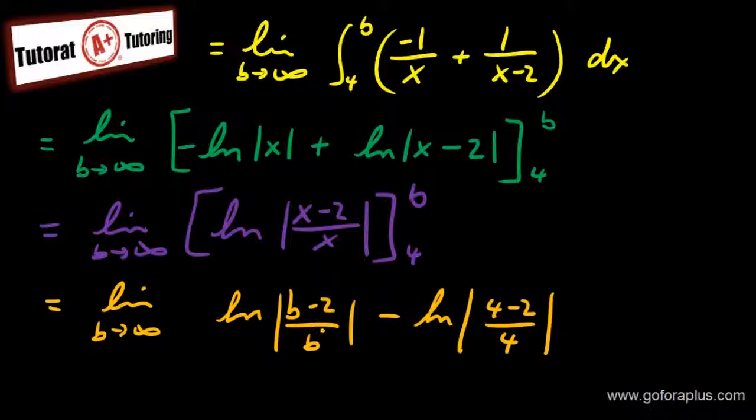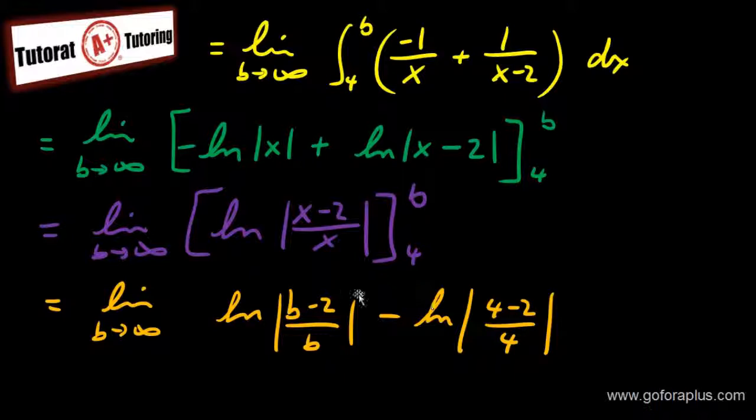And this here, what can you do? You know that this is going to be infinity over infinity. ln of something that, is it 1? Is it 0? I don't know. So what you want to do is factor out the b on top, so that it will become easier to solve. You don't want to use L'Hopital's rule here, because that will become a very complicated derivative.